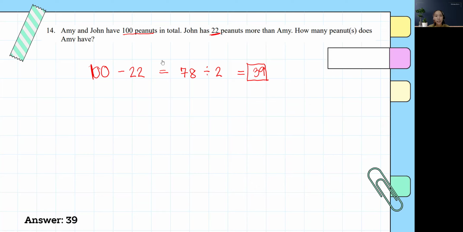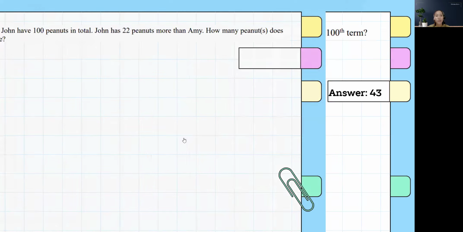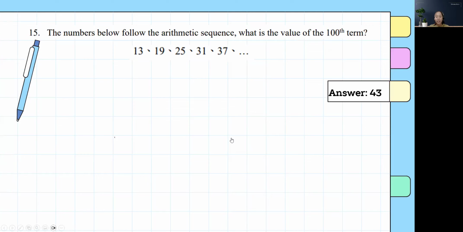So we have here number 15. The numbers below follow the arithmetic sequence. What is the value of the 100th term? All right. Remember that when we have an arithmetic sequence, it means we're adding or subtracting a certain number to get to the next number, right?